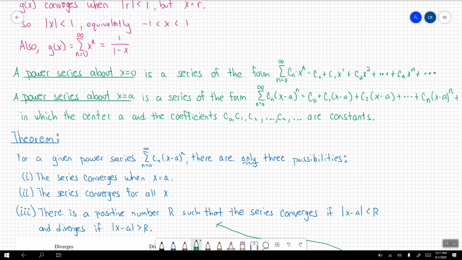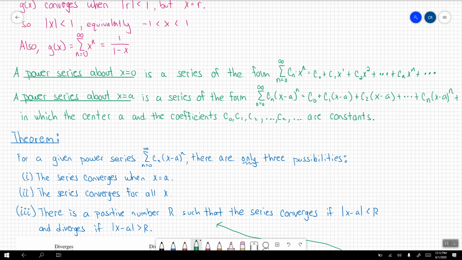For the first possibility, we have that the series converges whenever x is equal to a. If x is equal to a, then we make that insertion here, and at this point we get this term to be 0. 0 times the constant is just going to be 0, which means this series is just adding a whole bunch of zeros, which again is convergent.